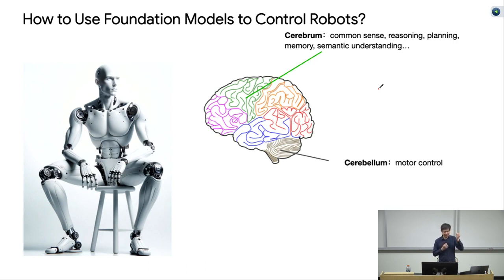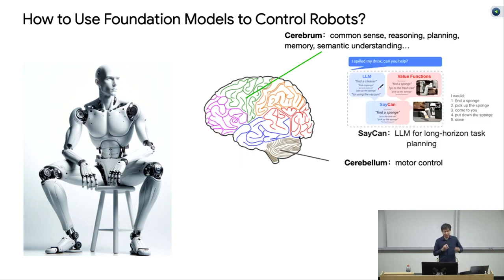Once you have a plan, the cerebellum is responsible for motor control to execute that plan. First of all, I'm going to talk about SayCan, which leverages the common sense in large language models for long horizon task reasoning. That's like a cerebrum for the robot brain. And next, I'm going to talk about RT2. It's a vision language action model that is fine-tuned from a vision language model for low-level motor control.